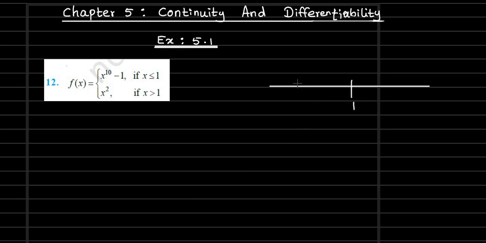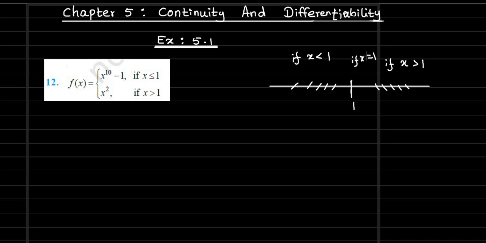Here is one interval. We are going to check if x is less than 1, whether the function is continuous or not. In the same way, if x is greater than 1, in this interval also we are going to check. And finally, if x is exactly 1, we check whether the function is continuous or discontinuous at x equal to 1.